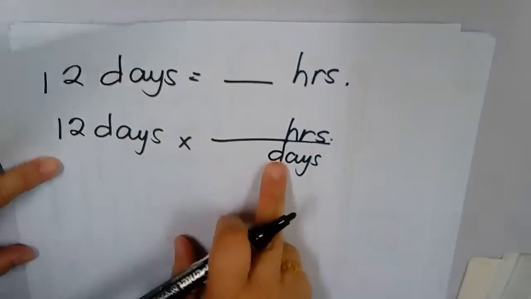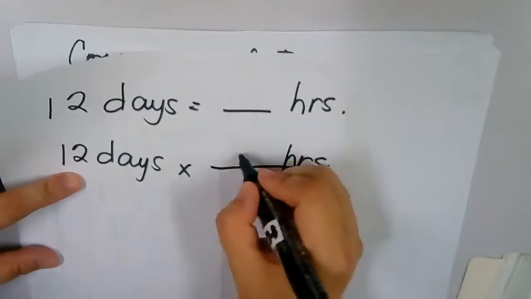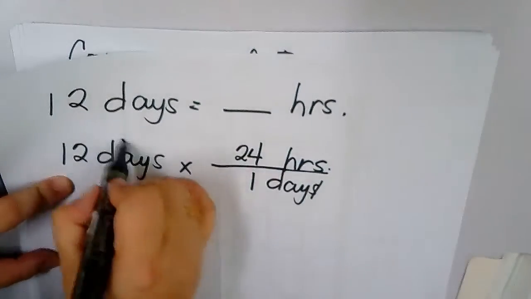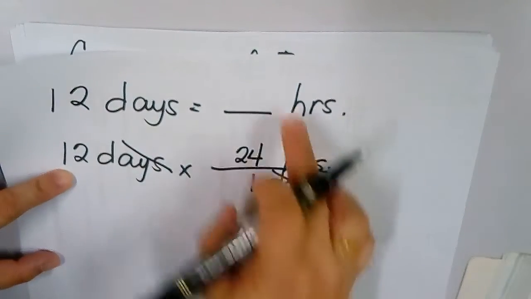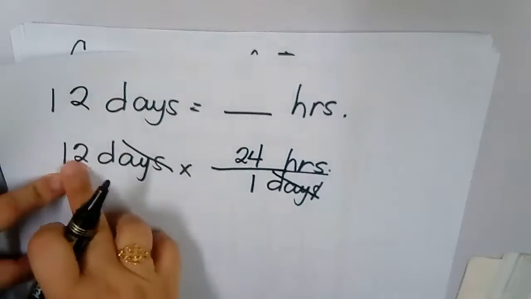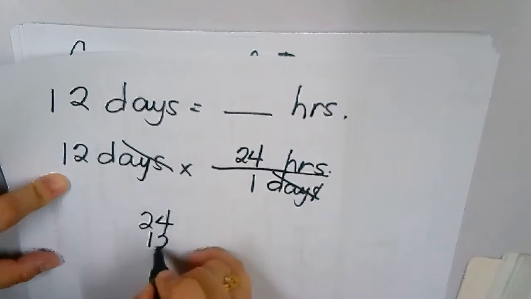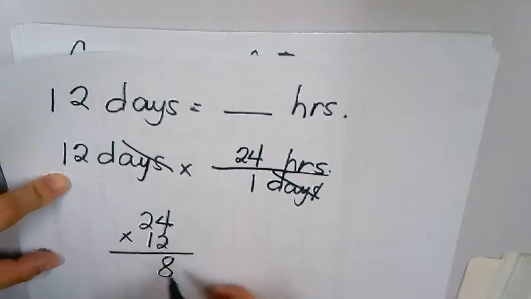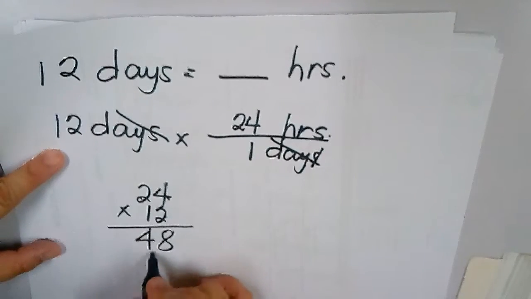Okay? So, sino ba yung mas malaki? Sabi 1 day. So, 1 day is 24 hours. So, ngayon, makakancel na natin dun si days. Matitira na si hours. Kasi, yun naman talaga yung hinahanap natin. So, 12 times 24. 2 times 4 is equal to 8. 2 times 2 is equal to 4. 1 times 4 is equal to 4. 1 times 2 is equal to 2.